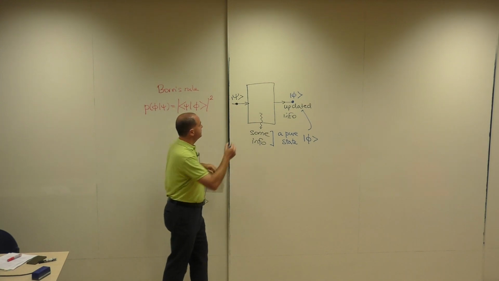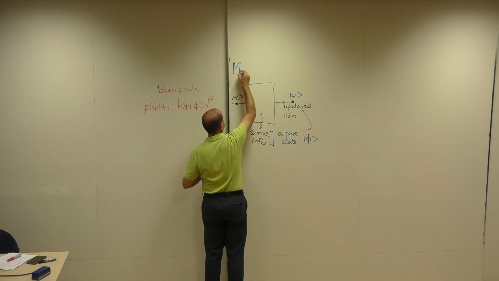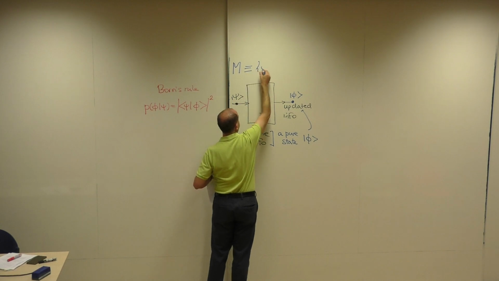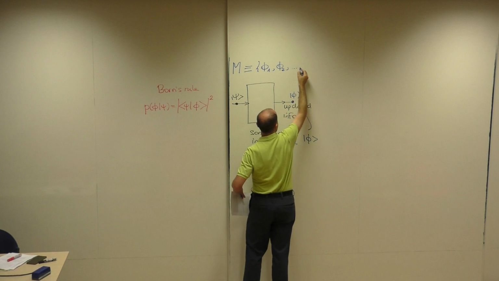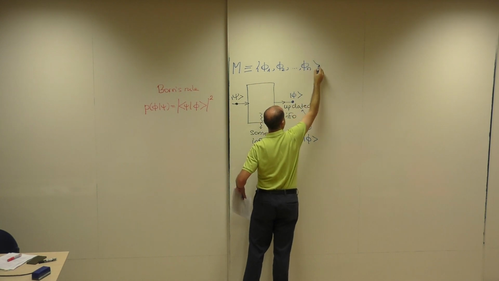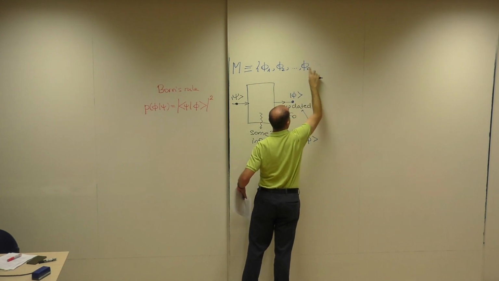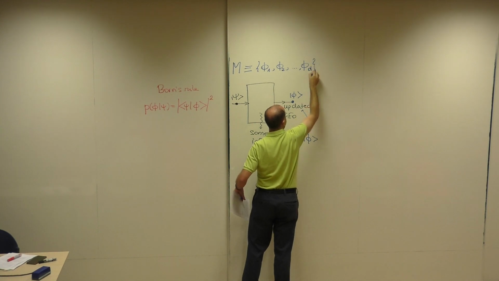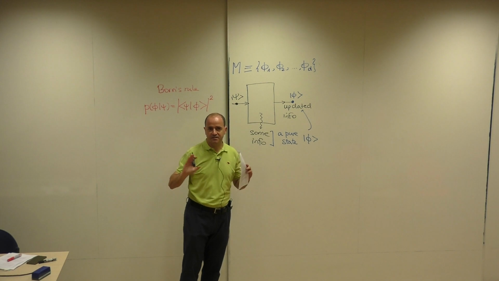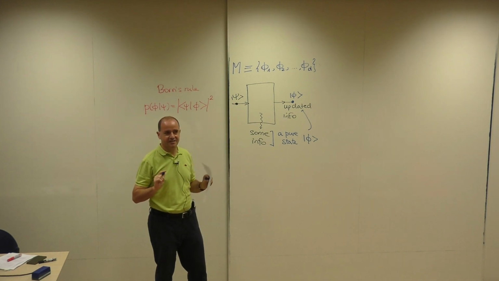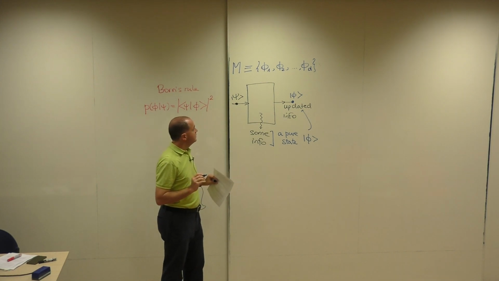So a measurement, a projective measurement, is equivalent really to a basis. I will do it for finite dimension. The infinite dimensional cases we will discuss a bit later in chapter 4, but it is very similar.